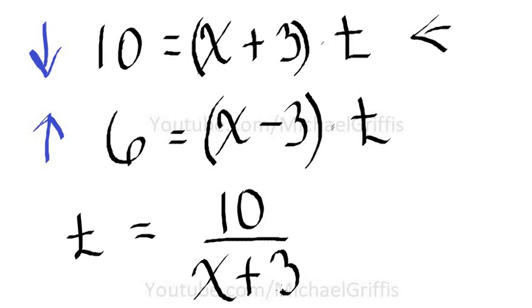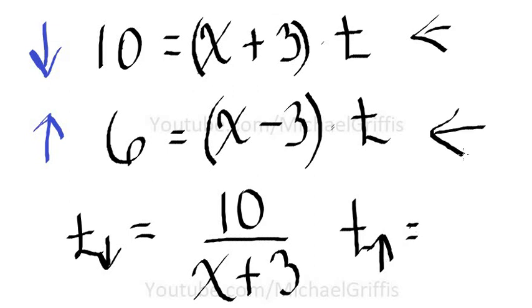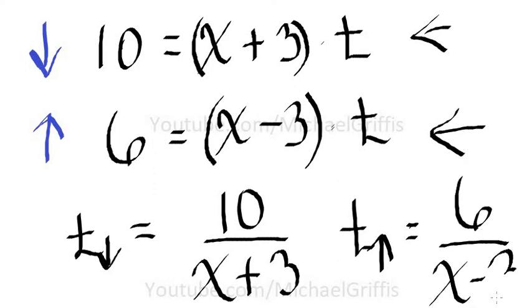This is going down the river. Let's write this one over here. So this is T going up the river, and that's 6 over x minus 3.